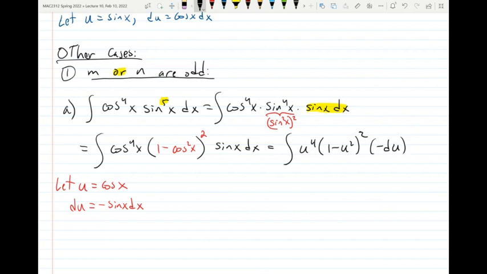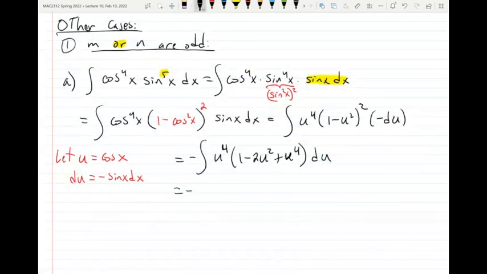And as promised, what we have here now is a polynomial, and we know easily how to integrate polynomials, right? So let's just finish this. I'm gonna put the minus outside. So that will be u to the 4 times 1 minus 2u squared plus u to the 4 du. Distribute.